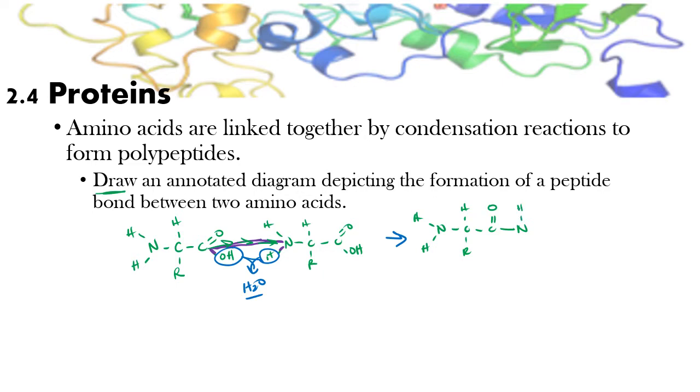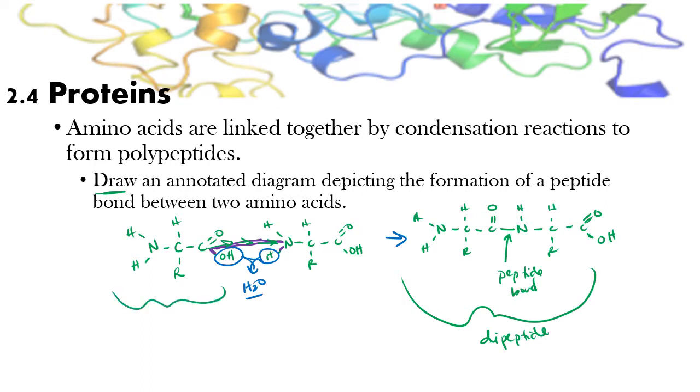It still has one of the hydrogens, but only one, not 2. And then again, central carbon, and on this end, we do still keep the whole entire carboxylic acid group. That carboxyl group is there. Label that peptide bond. This whole thing is a dipeptide.